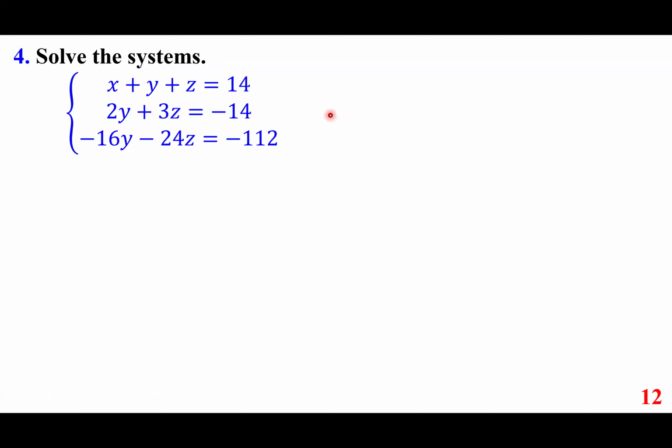What about this system? Well, you may notice that if I multiply this one by 8 and combine it with this one. So this one multiplied by 8, you get 16y plus 24z equals negative 112.